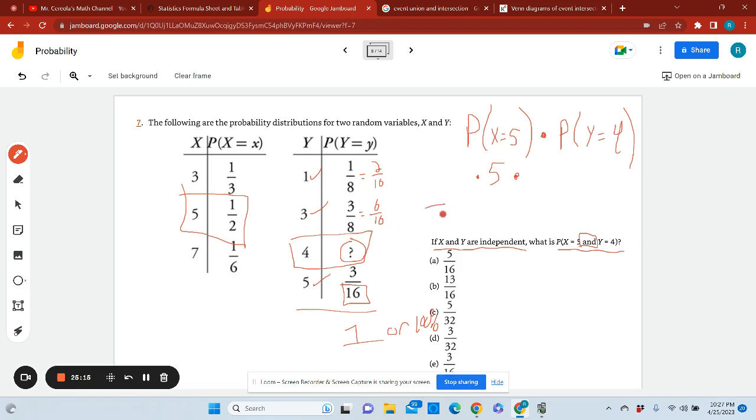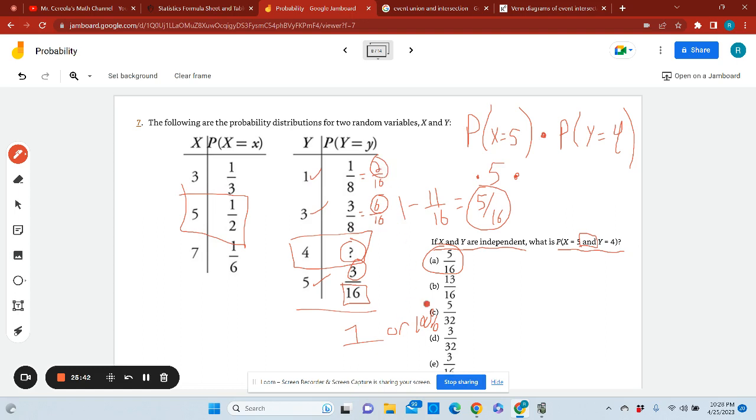So now if everything's out of 16ths, and I have 2 and 6 is 8, and another 3 is 11, right? So if I do 1 minus 11/16, I should have 5/16 left over.